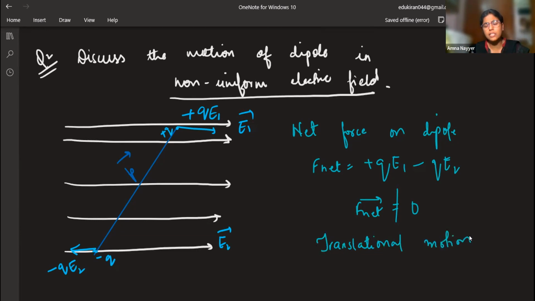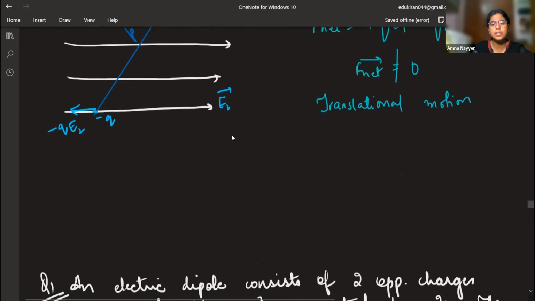Now, what type of translational motion is there? How the dipole is moving, whether it's able to rotate or not, that is none of your concern. You just have to find out whether it's under equilibrium or not. That's it. So in this case also, you can figure out this is under translational motion. No equilibrium is achieved, right? And what about torque? If we talk about torque, obviously the torque portion is very simple.